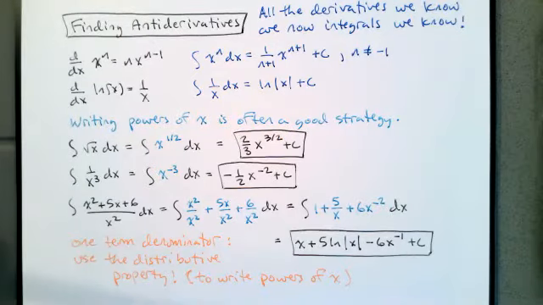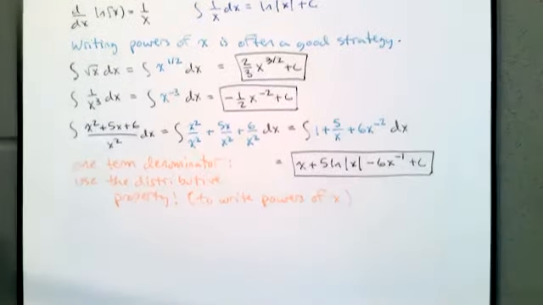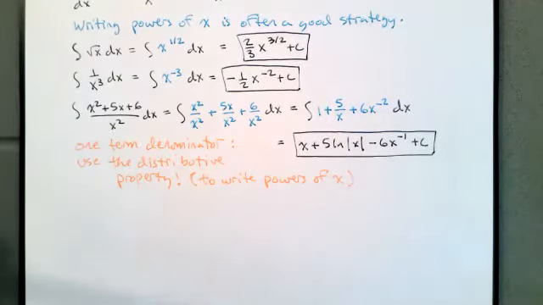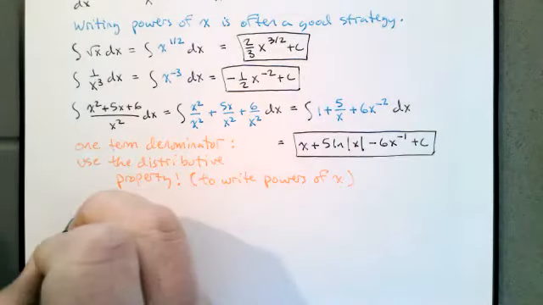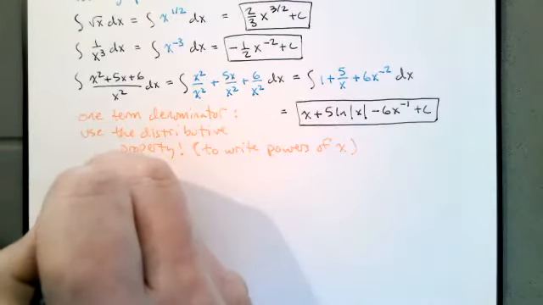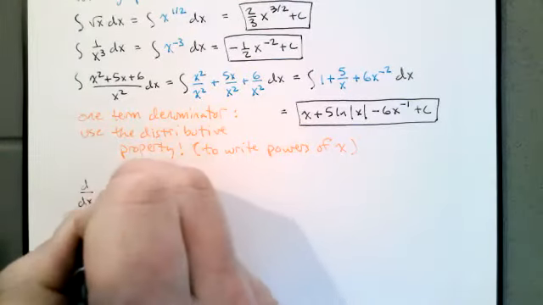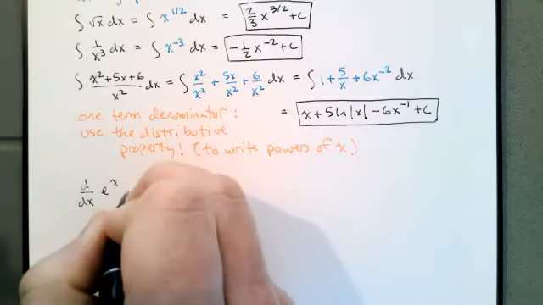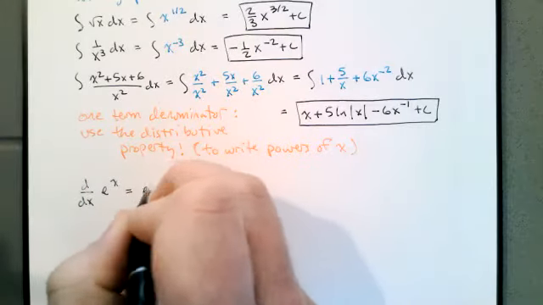All right. We need to add to our list of derivatives or antiderivatives that we know. So let's do that. Here are the next 3 big important ones. So recall that we know that the derivative with respect to x of, say, e to the x is e to the x.